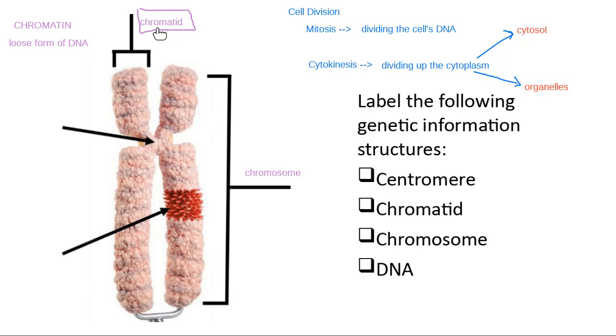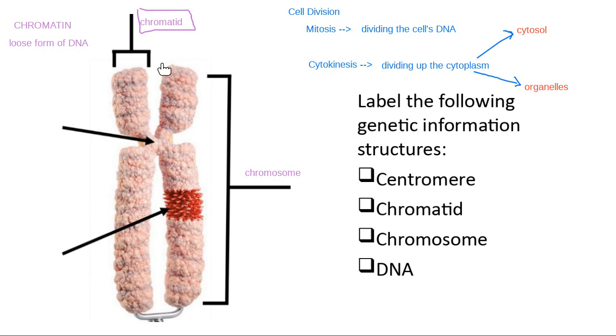I can split those chromatids apart, and now everybody's got genetic information. With chromatin, it's going to be really hard to split that spaghetti noodle mess equally between two cells. So chromatin is in the nucleus, what a cell uses when it wants to build proteins. Chromatids: when a cell's getting ready to divide, it winds up those spaghetti noodles and turns them into this X-shaped chromosome.